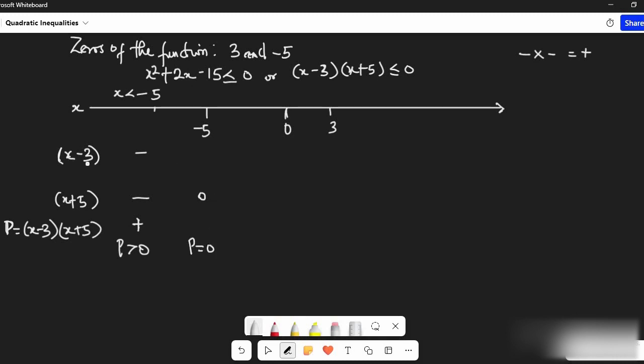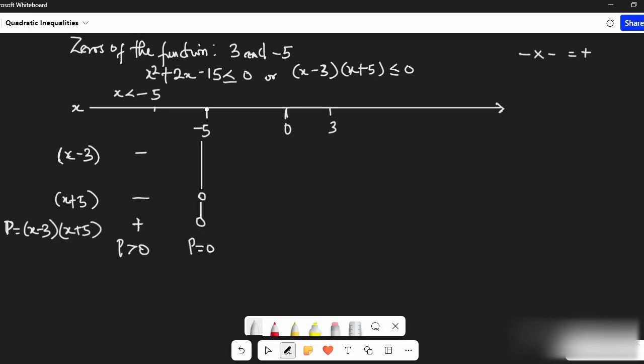You really don't need to find what x minus 3 will be when x is -5, because if one factor is 0, it means that regardless of what x minus 3 is, the product will be 0. Remember, the main concern here is the product. So the product here will be 0. Okay, so this line just shows that the product is 0 when x is equal to -5.